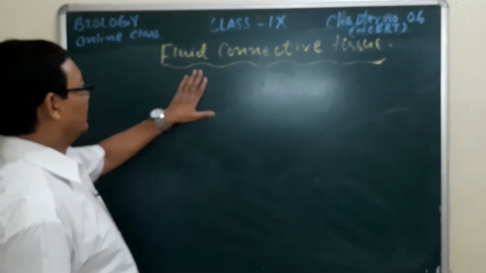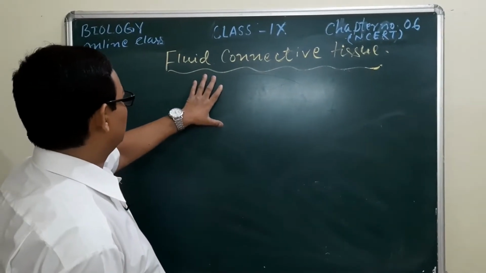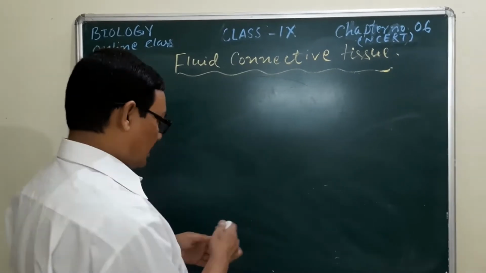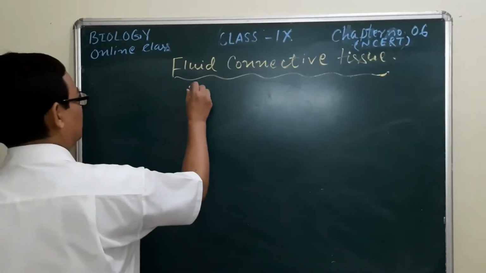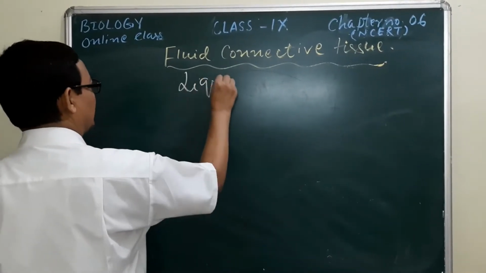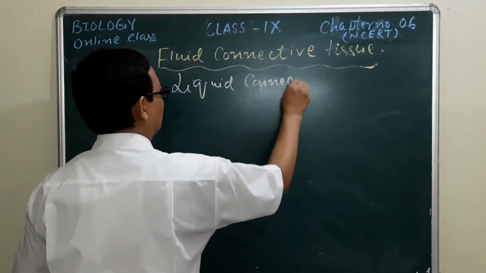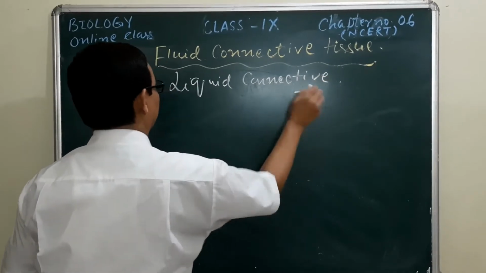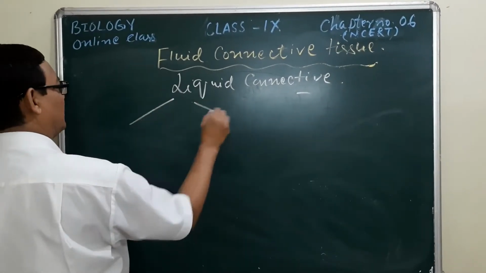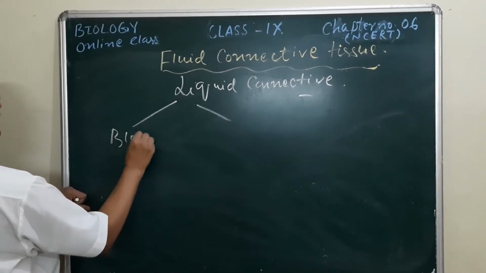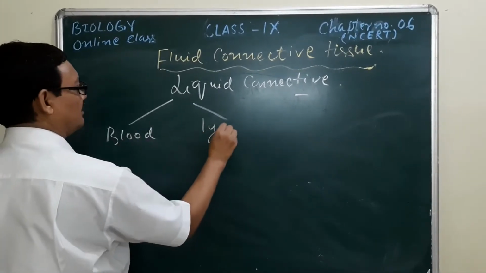Now we are at the last connective tissue, that is the fluid connective tissue. These are also known as liquid connective tissue or fluid connective tissue. What are its types? It is of two types, blood and lymph.